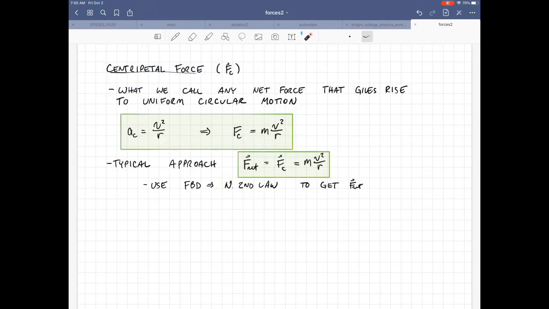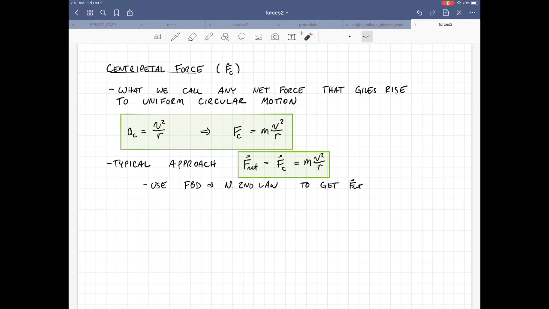And the last thing that I want to mention is centripetal force. Remember, we talked about centripetal acceleration in two-dimensional motion. That's acceleration that's associated with changing direction as opposed to changing speed. And so when we have an object in uniform circular motion, whatever the net force on that object is, we call that centripetal force.